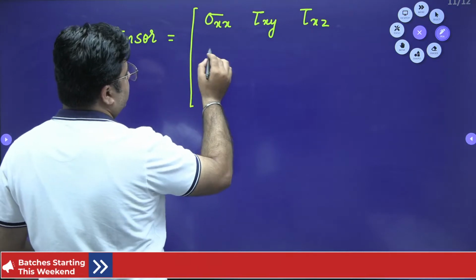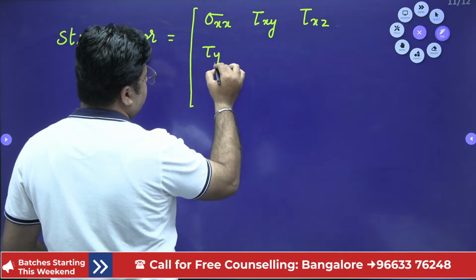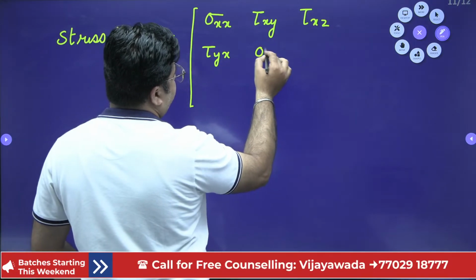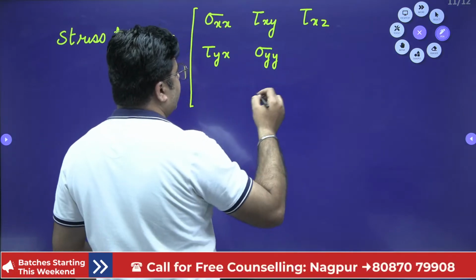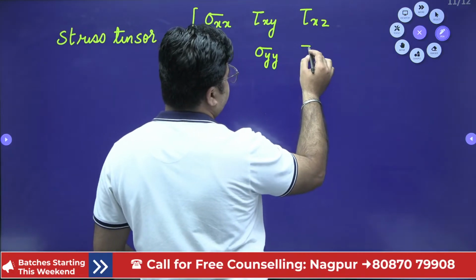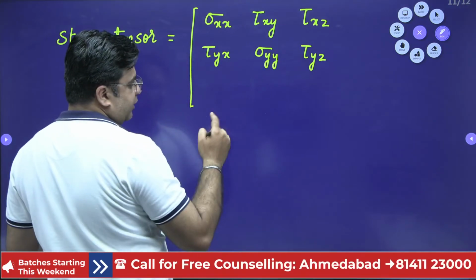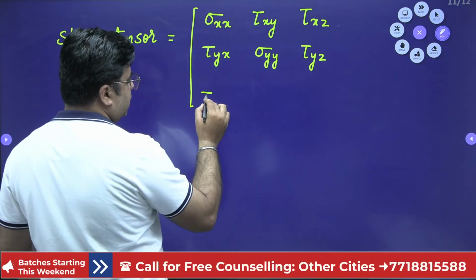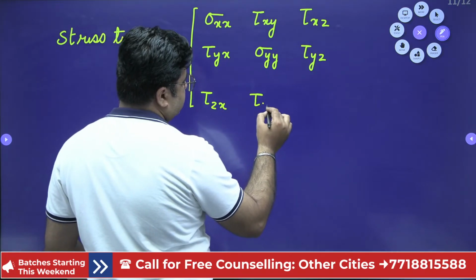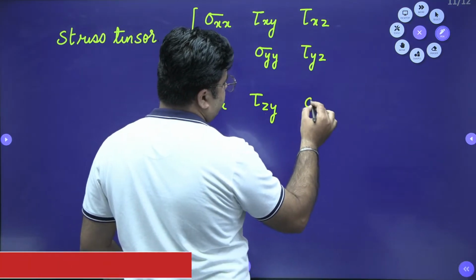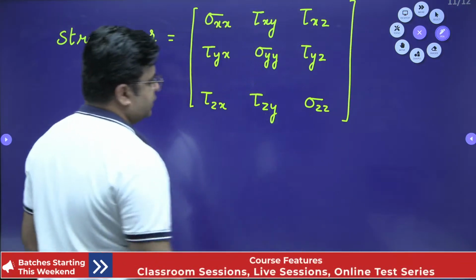Similarly, for Y plane, you have one shear stress tau yx, then you have one direct stress sigma yy, and then you have one shear stress tau yz. Then for Z plane, again two shear stresses tau zx, tau zy, and sigma zz. So this is how you write the stress tensor.